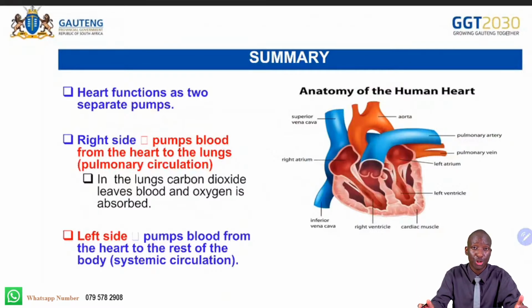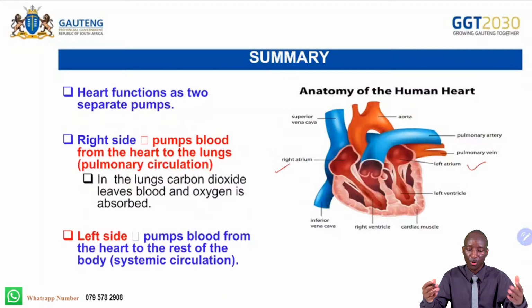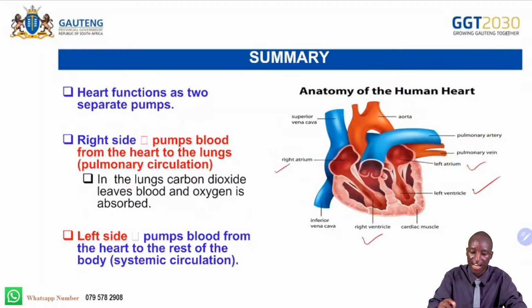That is the 2 atria, the left atrium and the right atrium. We spoke about the ventricles as well. We've got 2 of them, the left ventricle and the right ventricle. All those make up the structure of the heart. Remember we spoke about the arteries.